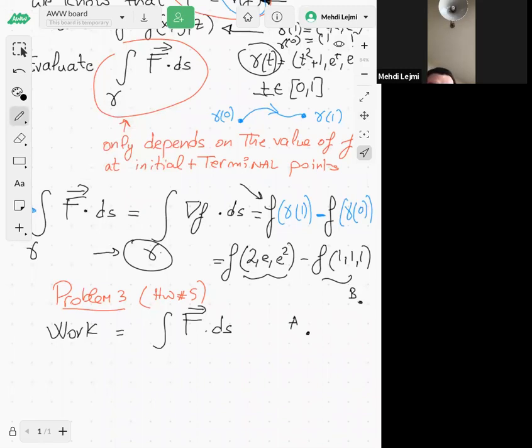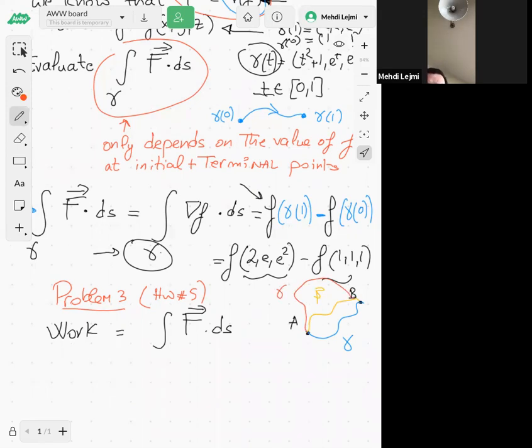If F is conservative, it means that F is a path independent line integral. So it doesn't really matter which path you take from A to B. You can take any path. Let's say this is gamma, or you can take a different path, let's say this is beta or alpha.